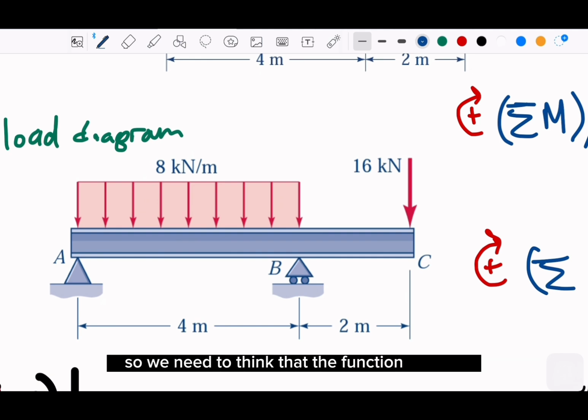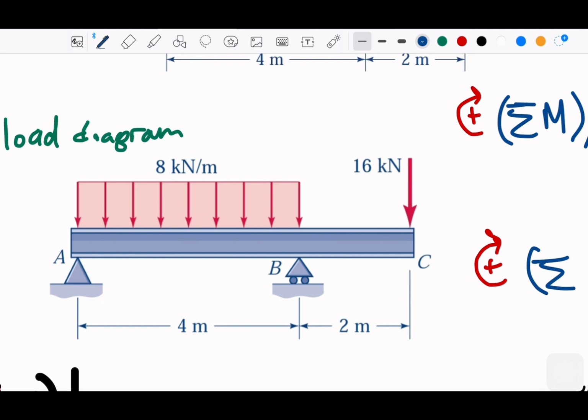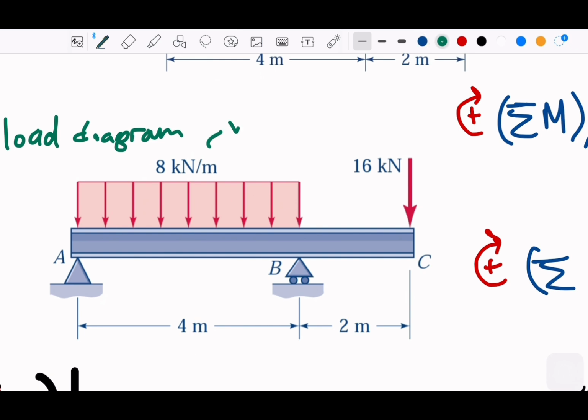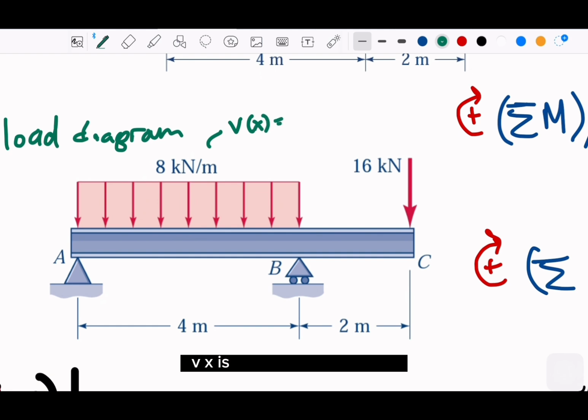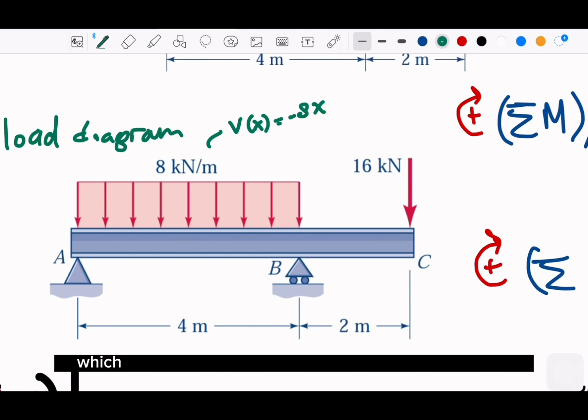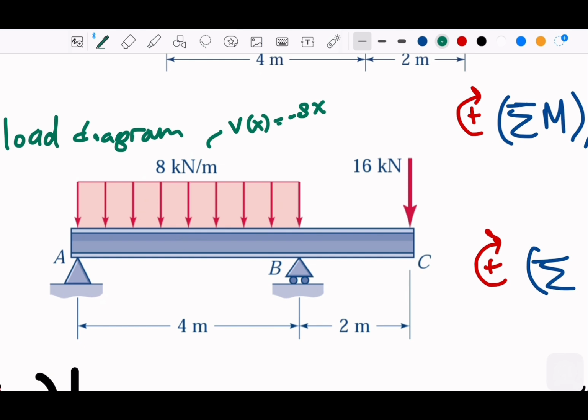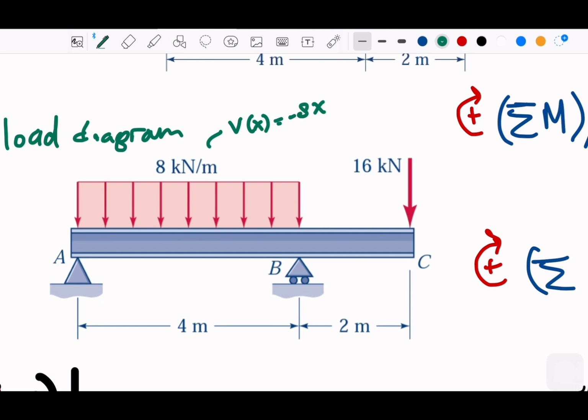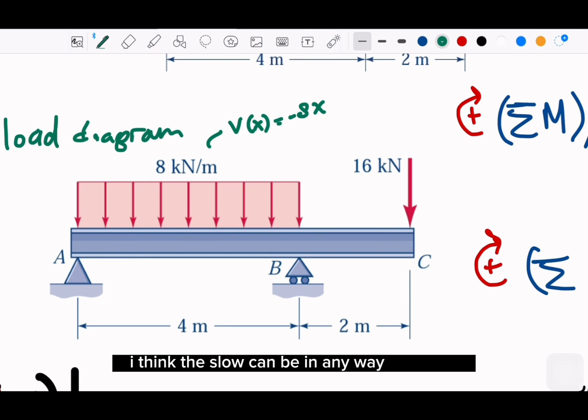So we need to think that the function may be negative 8x. Let's say that's our function. So let me write, phi x is negative 8x. Which means that we are going to have a slope of negative 8. As long as your diagram is proportional, I think the slope can be in any way you want, but just mention that it's negative 8, slope negative 8.